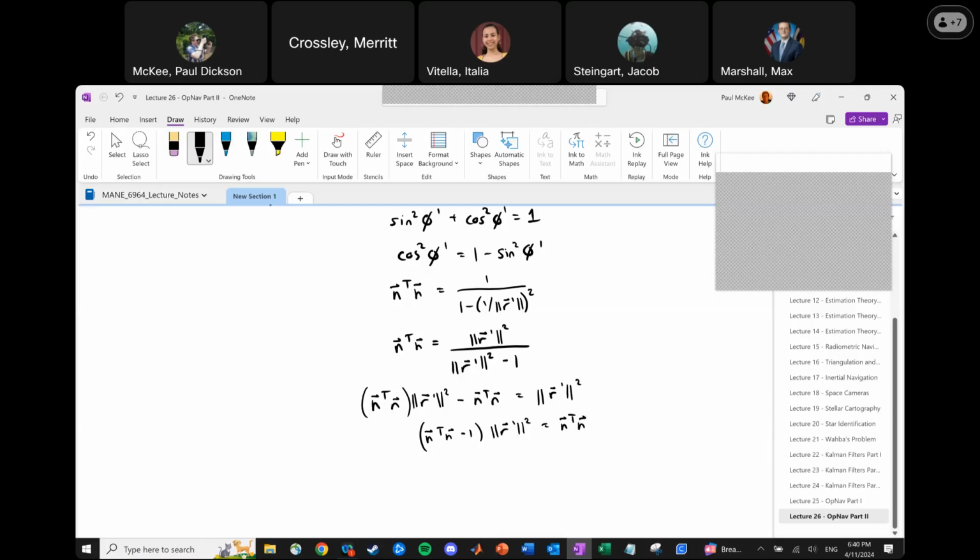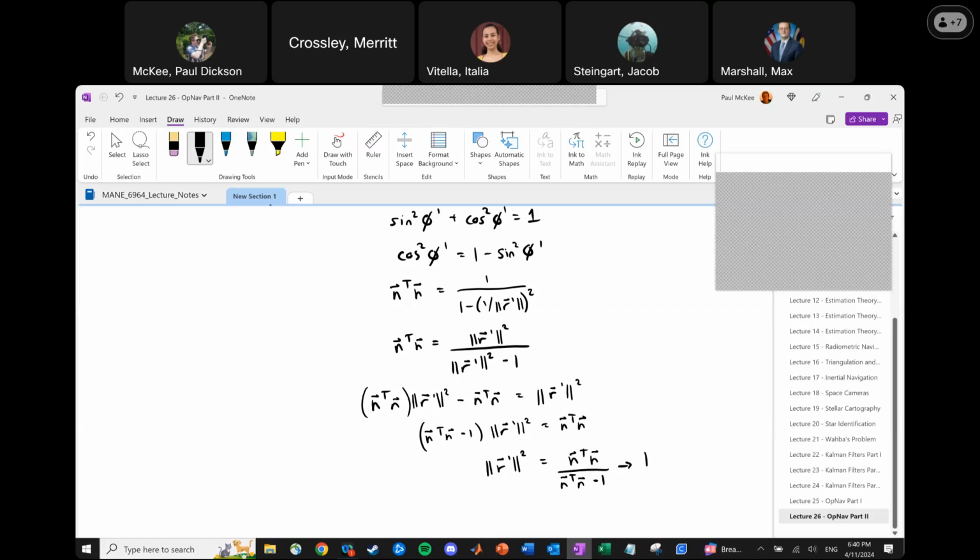There we are. And what this tells us is that we can rewrite the equation. The norm of r squared is n transpose n over n transpose n minus 1.